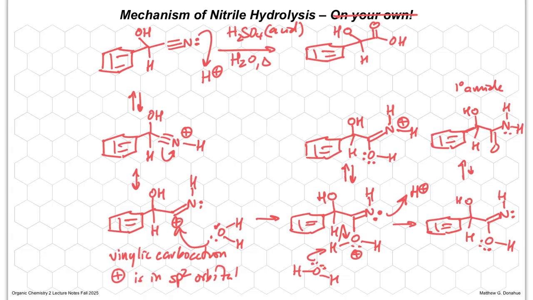The reason I wanted to do that is to draw a resonance form from this, where we can get the second oxygen atom in. So this is going to get a bit squished here. So I'm going to move that up. Break this CN double bond.